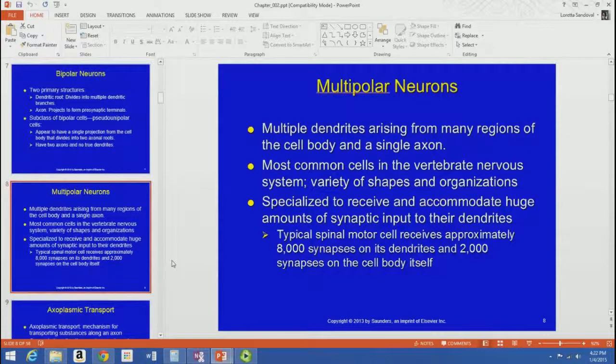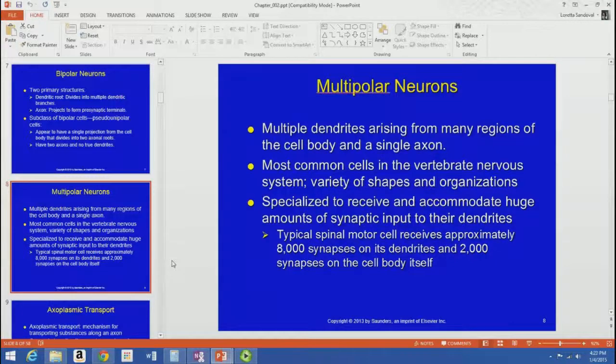With multipolar neurons, multiple dendrites arise from many regions of the cell body and a single axon. So that's like the one that we already looked at. It's the tree. The branches are the dendrites. They are the most common cells in the vertebrate nervous system, and there are a variety of shapes and organizations.